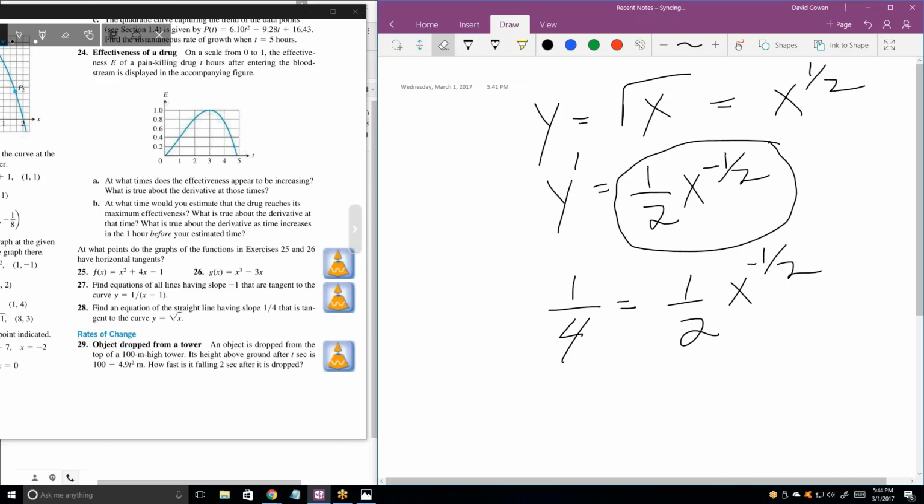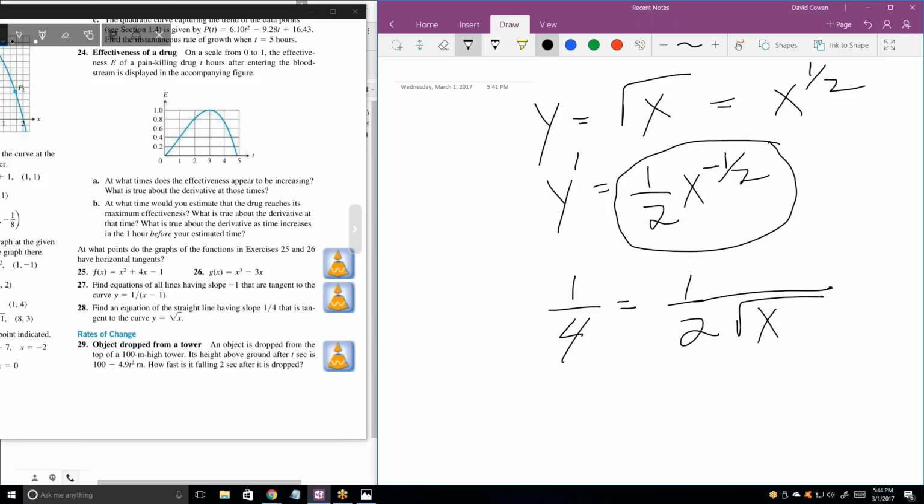In order to solve this equation, it's easier if it's in radical signs. Well, the x is in the denominator because it's negative 1/2, so it's like that. In other words, what I have circled, both circles are the same thing. Make sure you understand that.